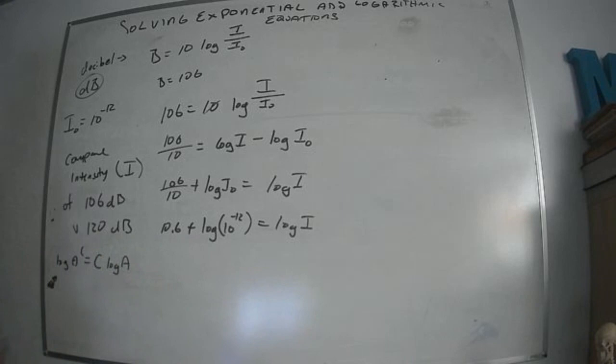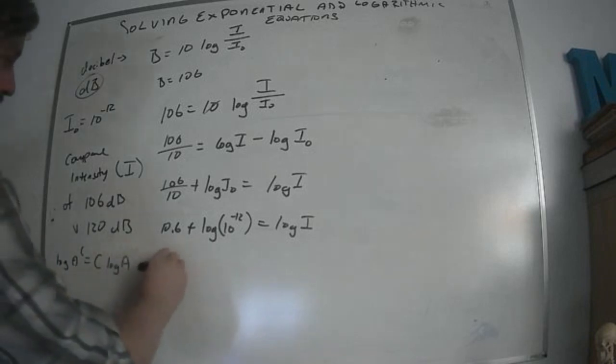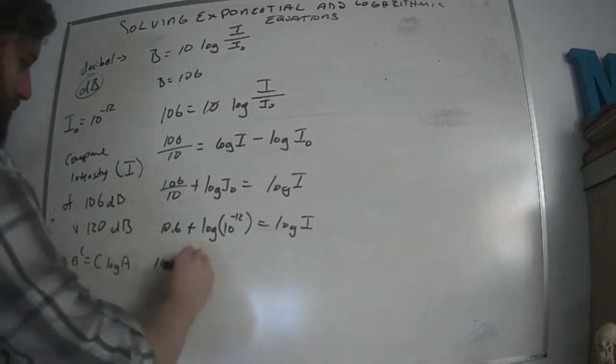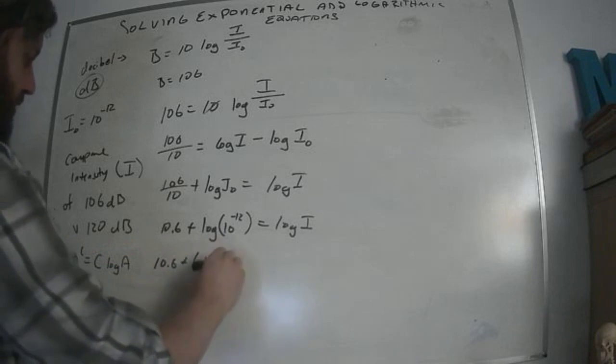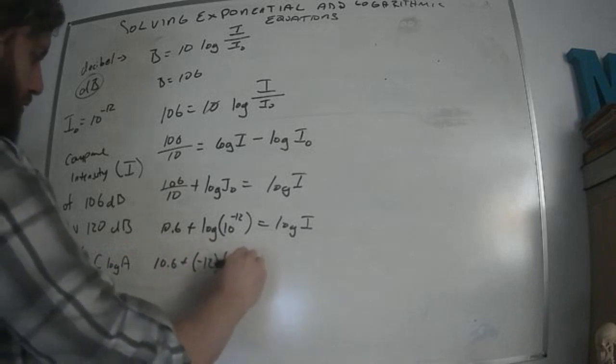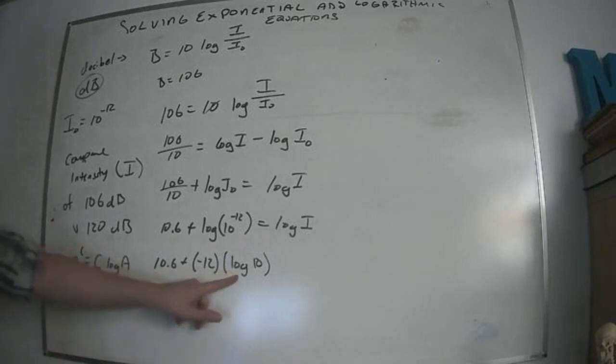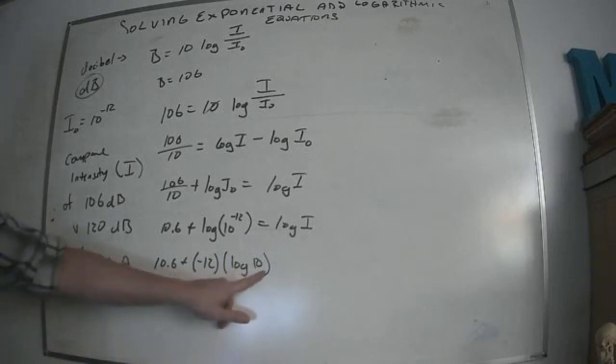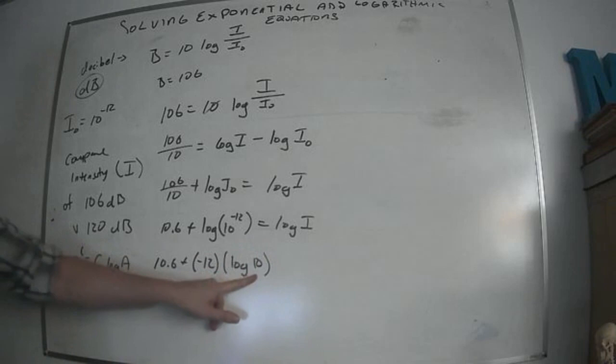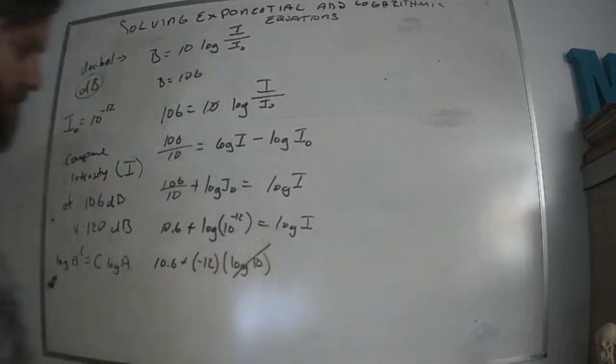I'm going to say this is 10.6 plus minus 12 log 10. Now this is the common log of 10. So in the same way that the natural log of e would equal 1, the common log of 10 equals 1. So that's 1.